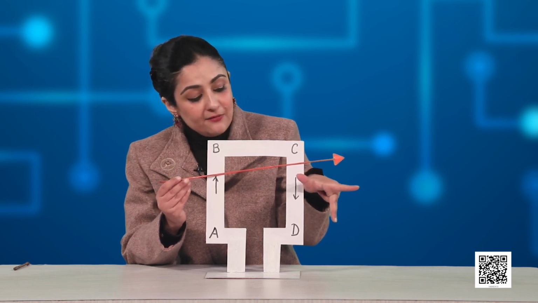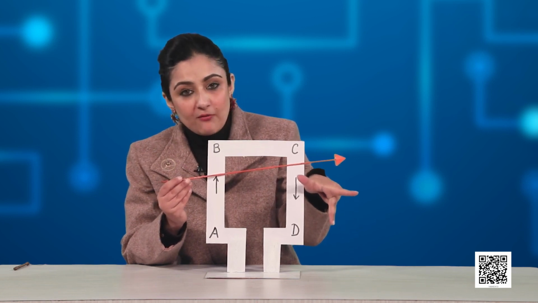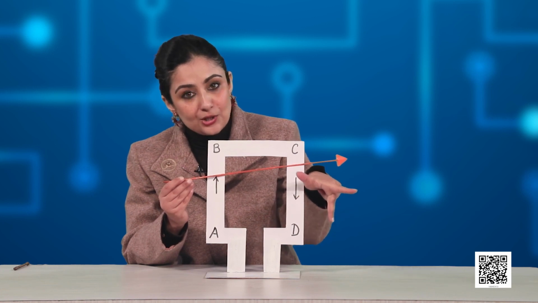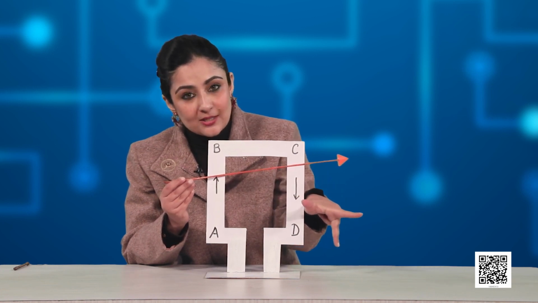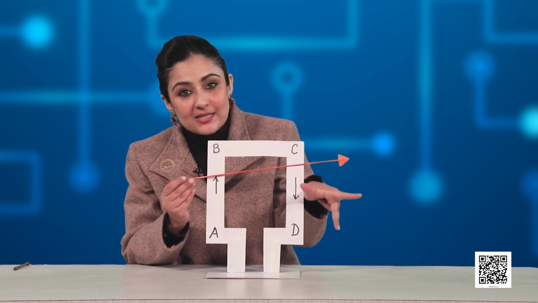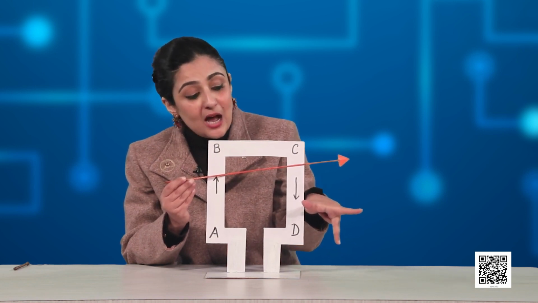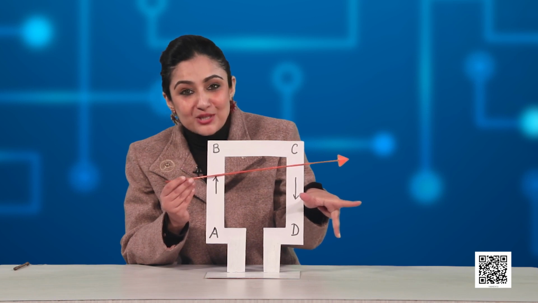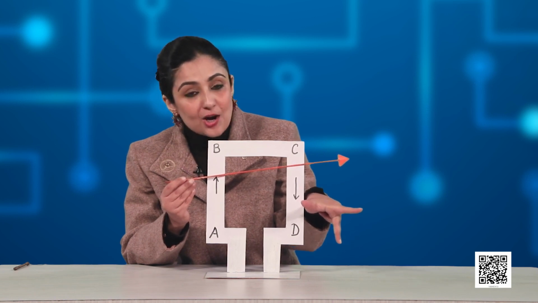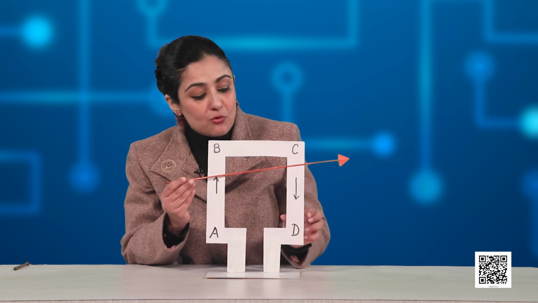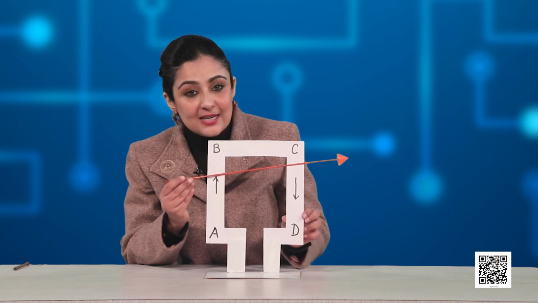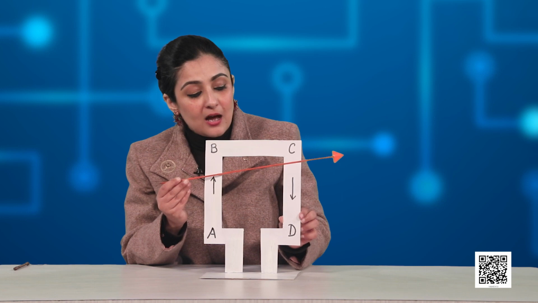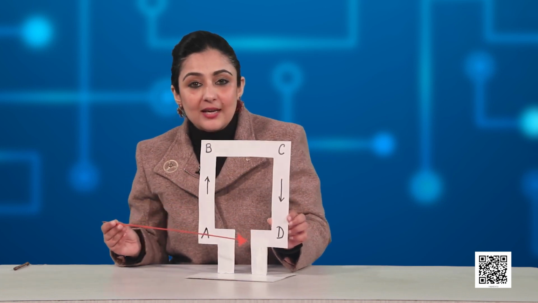My middle finger is giving the direction of current, which is from C to D. Please notice the direction of my thumb. The thumb is pointing towards you in the outward direction, which means that the side CD is going to move in the outward direction like this.